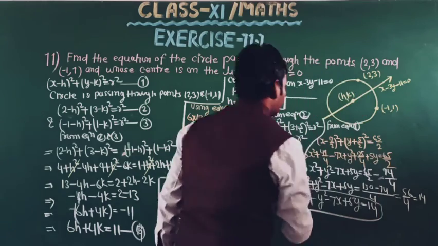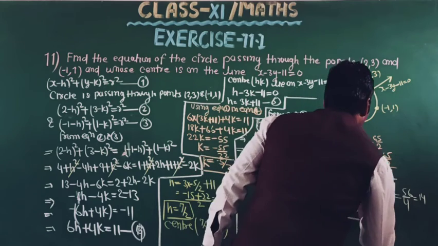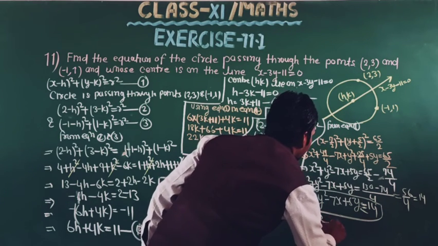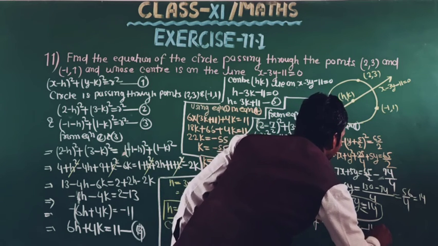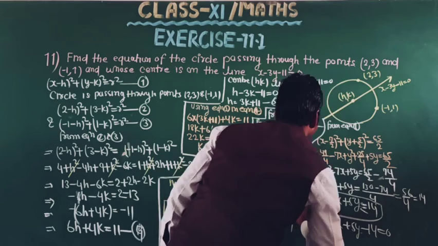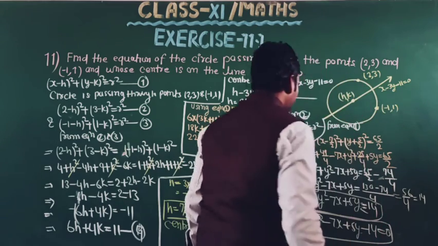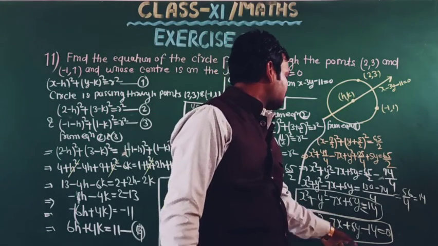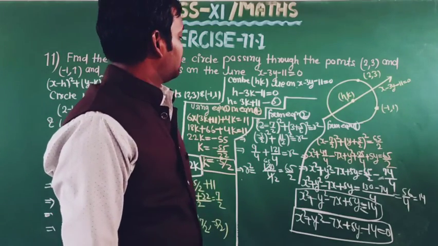x square plus y square minus 7x plus 5y equals 14, and again this can be written as x square plus y square minus 7x plus 5y minus 14 equals 0.